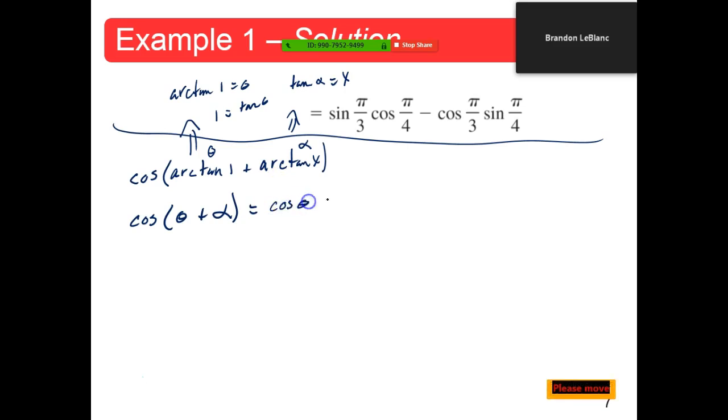Cosine theta cosine alpha minus sine theta sine alpha. Okay, that gave us that, but are we anywhere closer to reality? Well, the question I have for you here is, what angle theta gives you a tangent of 1? The tangent of what angle is equal to 1?